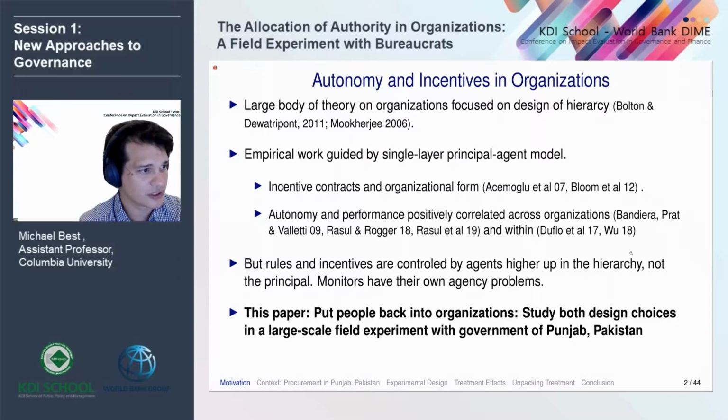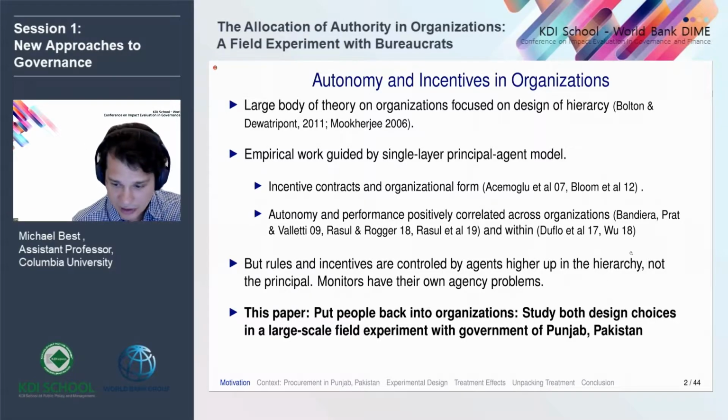And so there's lots of work on how to structure incentive contracts in that kind of a hierarchy, and sort of how many agents per principal you might want to have. But there's always this sort of element that there's one layer at the top and one layer at the bottom.